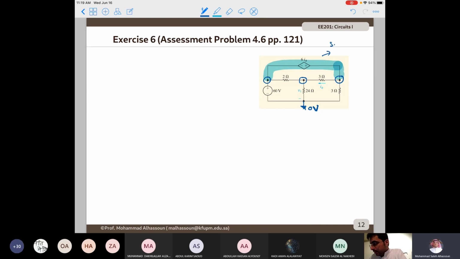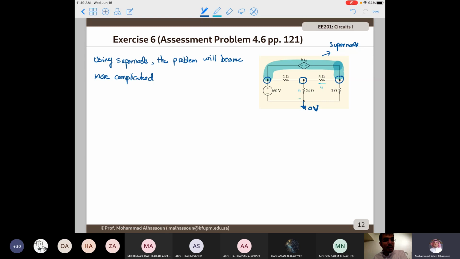So using the supernode, the problem will become more complicated. If you want to prove that, just try to solve it with the supernode, since I know the voltage across one of these nodes.